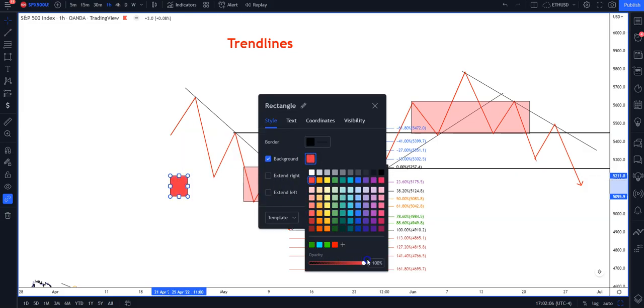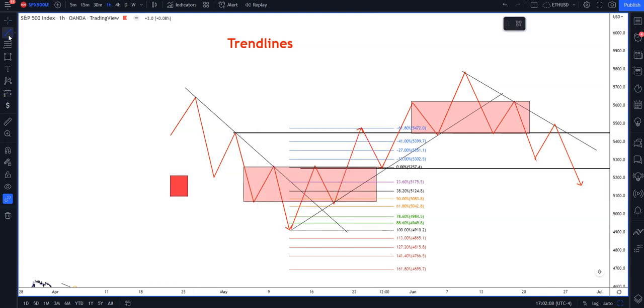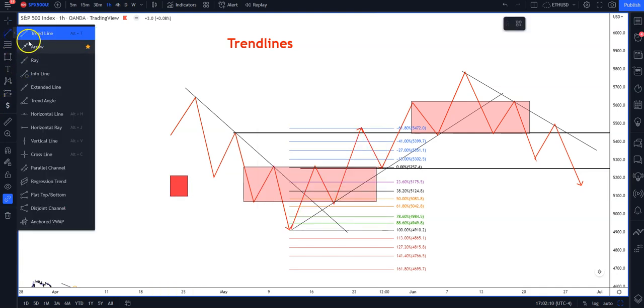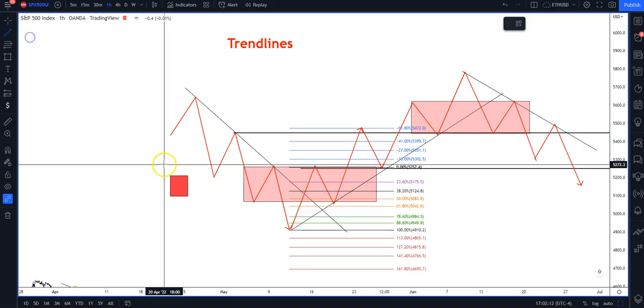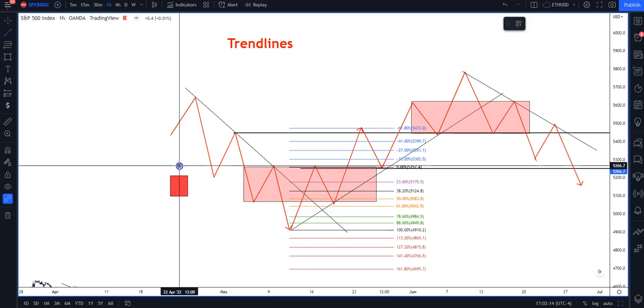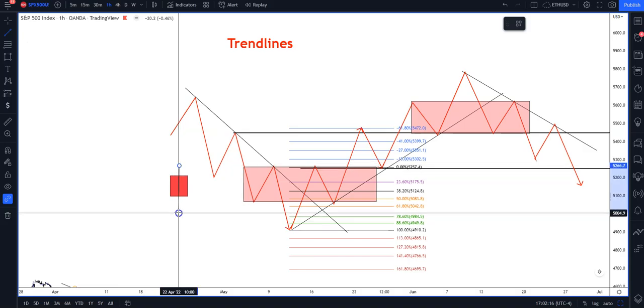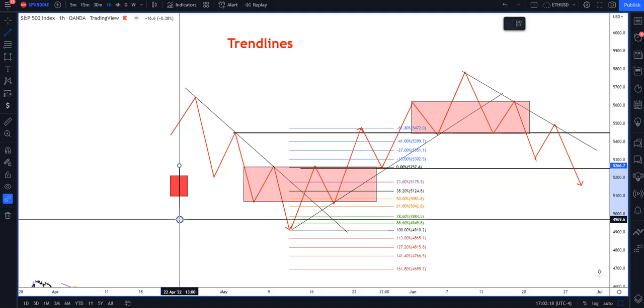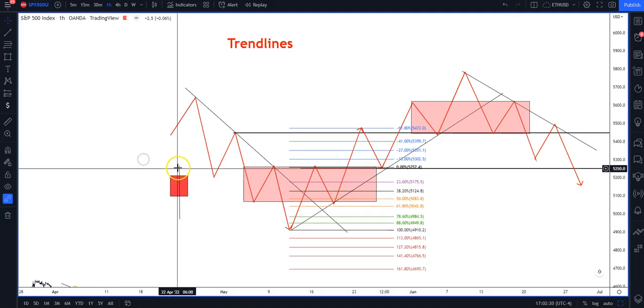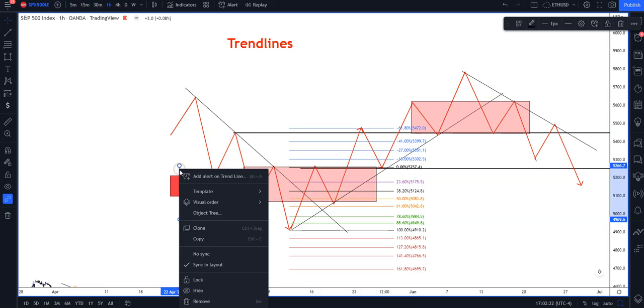34. Guess what this is? It's a doji. Let's move that to the back.